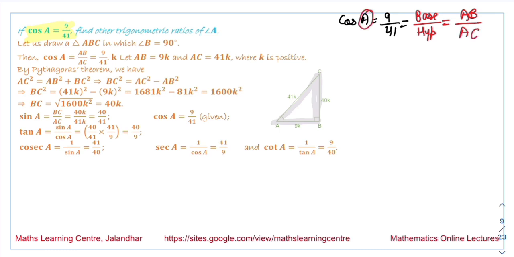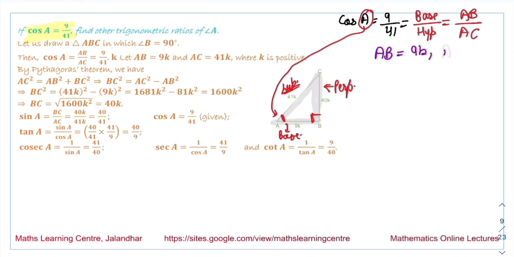This is angle A, this is the 90-degree angle, and this is the hypotenuse. It means this is the base and this side is the perpendicular. So for some constant K, AB is equal to 9K and AC is equal to 41K.